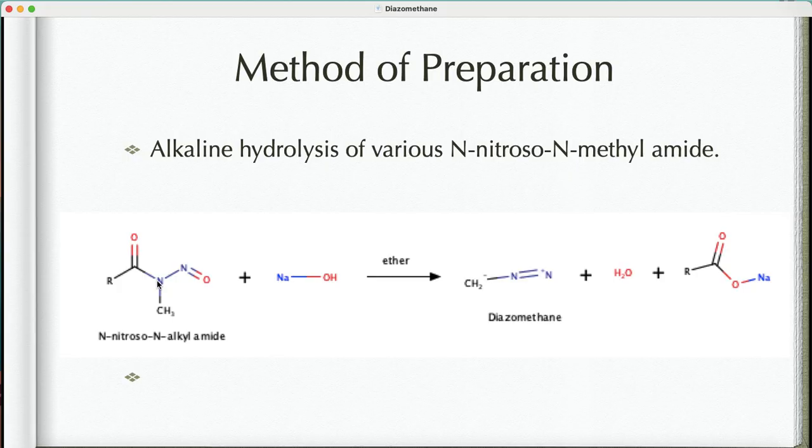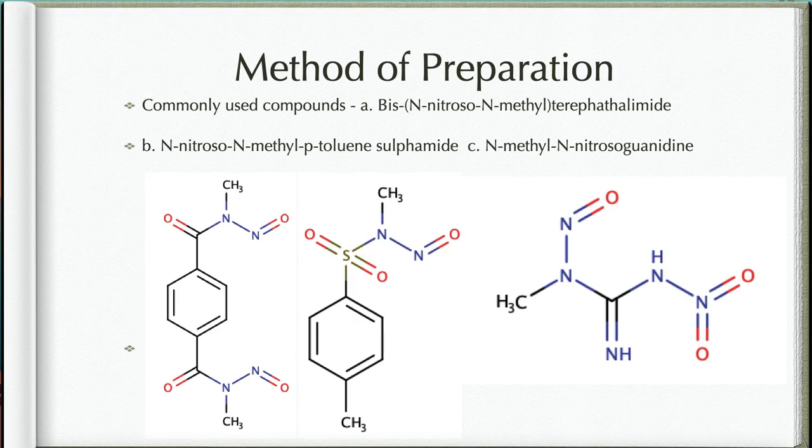From this amide group, one hydrogen is replaced by the nitroso group, that is N double bond O, while another hydrogen is replaced by the methyl group. It is an N-nitroso N-methyl amide. On treatment with sodium hydroxide in ether, we get diazomethane as the product. This is the general reaction.